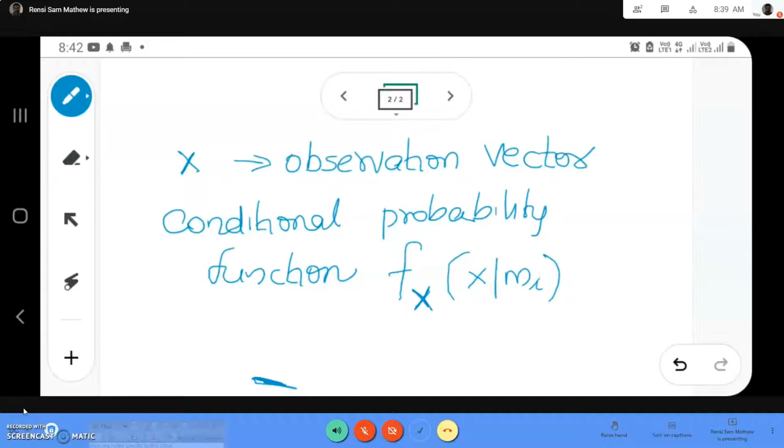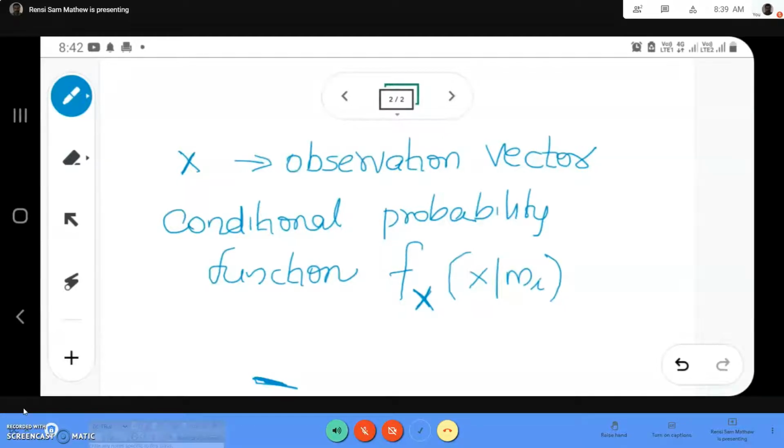What we do now is estimate mi: you receive x, and from that you estimate mi. This conditional probability function is what we call the likelihood function.